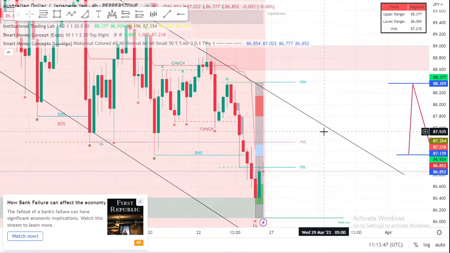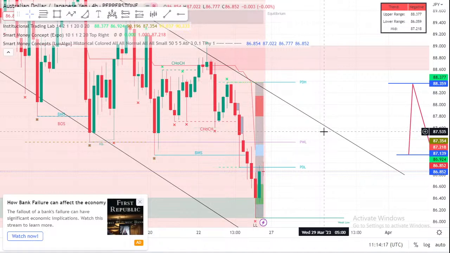Always ensure that it's within the support and resistance zones, or key points where you've seen the market reverse. Then there will be high chances of you making profits. But if you just assume a candlestick indicates a reversal even when it's not within a specific zone, you might end up losing money.